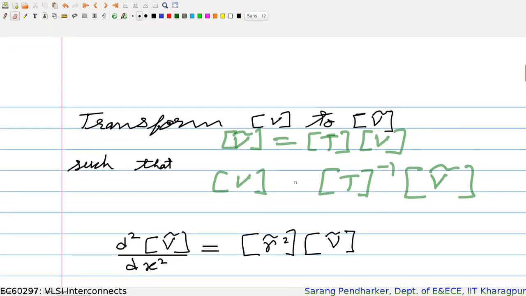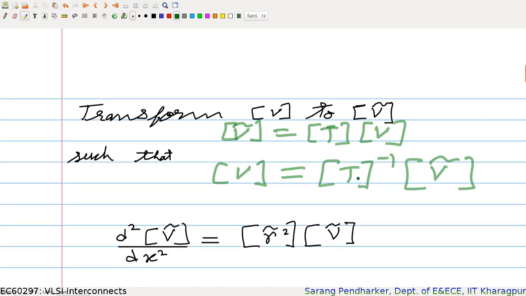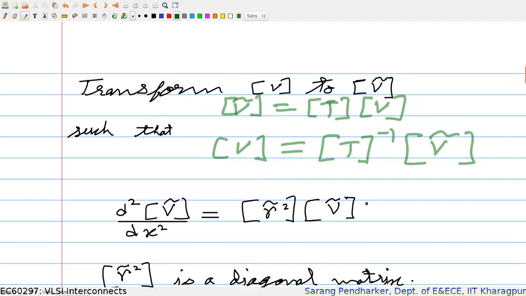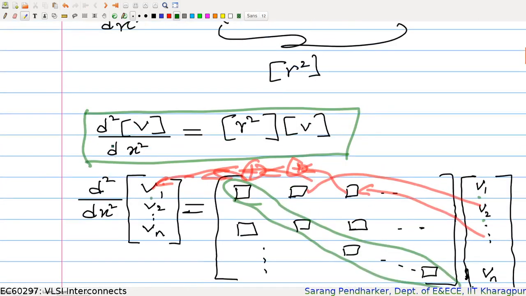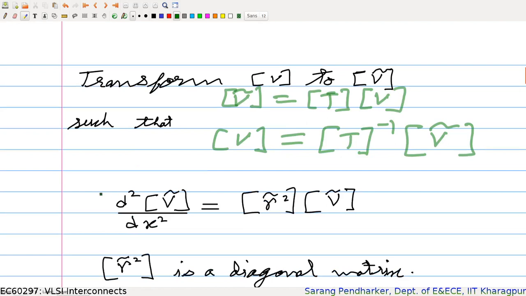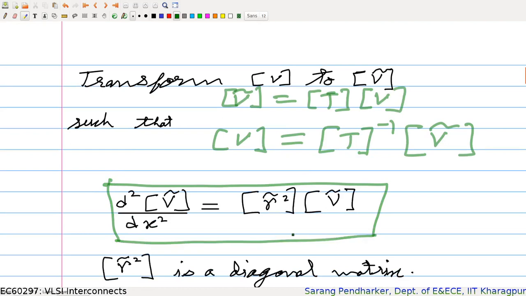I can very simply write it like this. So if I substitute this V in my expression here, what I will get is a differential equation in terms of V tilde, and that is given by this.